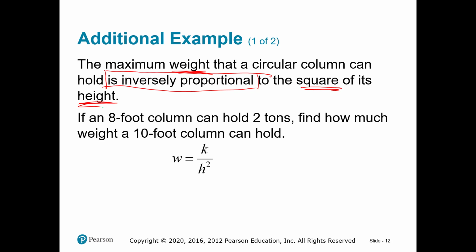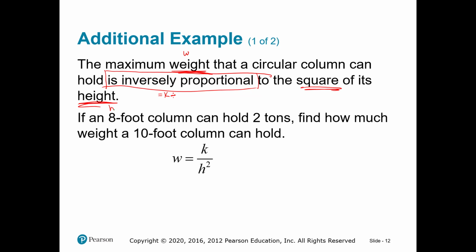Okay, so weight. Agree for W for weight? Inversely proportional means we write what? That's right, equals k divided by. And we are going to divide by the square of its height. Well, height is h for sure.